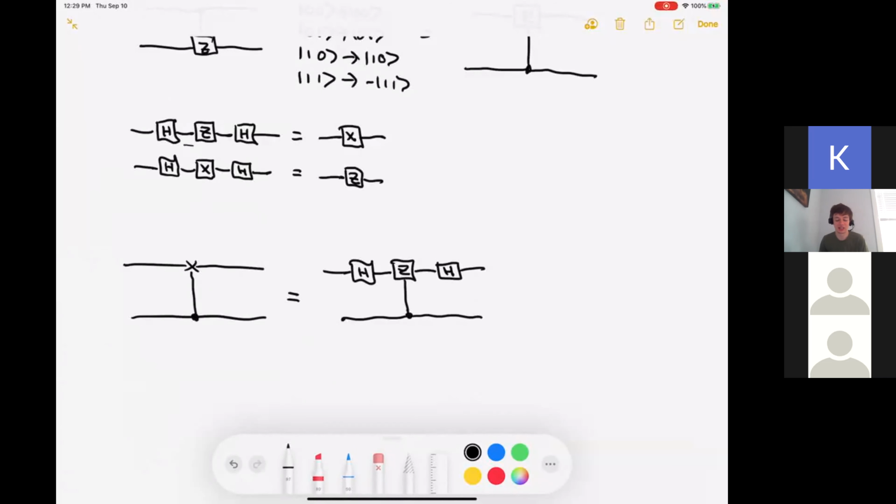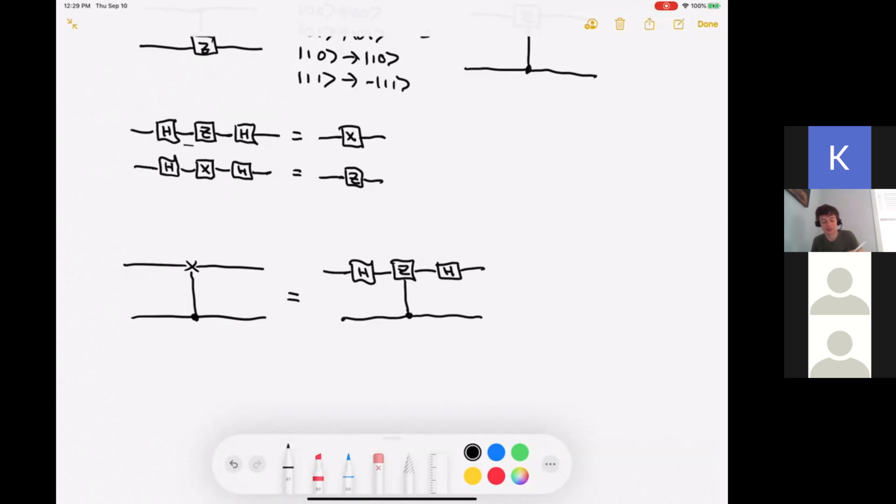It's because the control gate either applies the identity gate or it applies the Z gate. If I sandwich the identity gate with two Hadamards, I just get the identity because the Hadamard is its own inverse. If I apply the Z gate and sandwich it with H gates, then I get an X gate, so I get a control NOT.